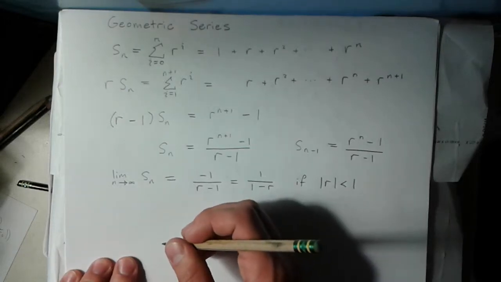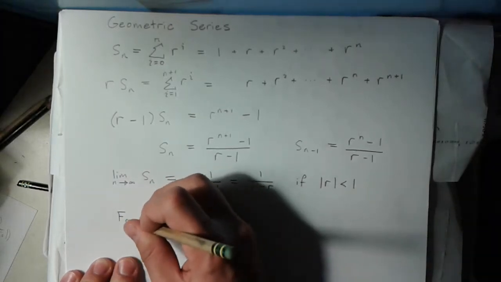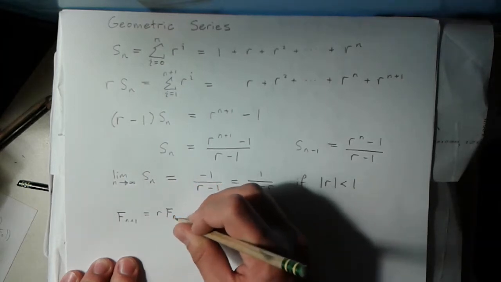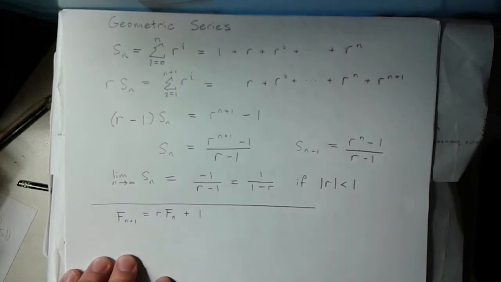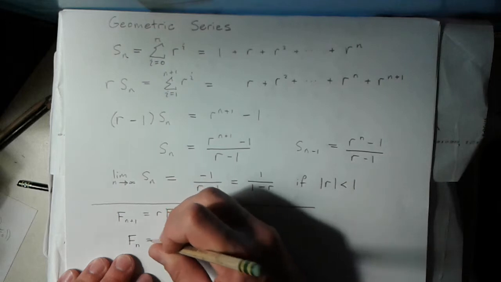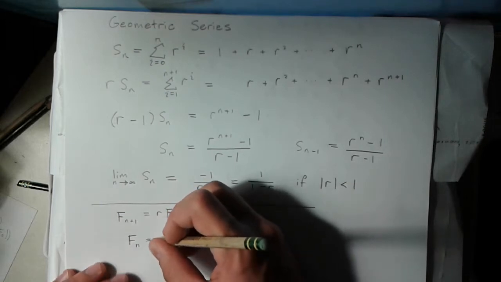This is going to come up and be pretty important in some of the later recurrence relations we look at. The other thing I wanted to mention is that in the last example, the recurrence relation that I gave was f(n plus 1) is equal to r f(n) plus 1. This gave us the solution f(n) equal to, let's see, what was it?